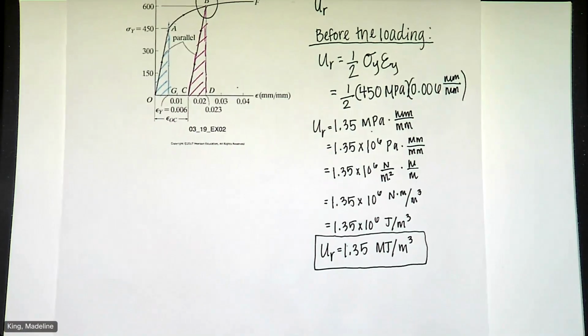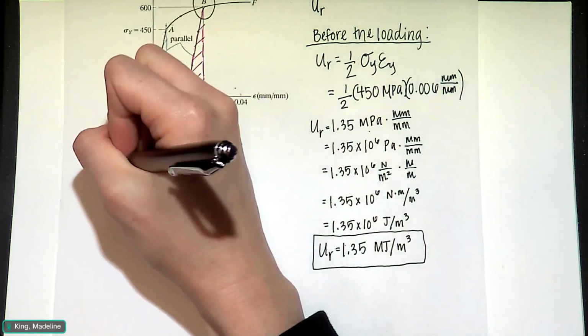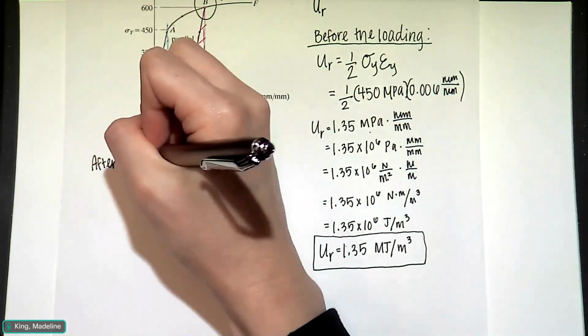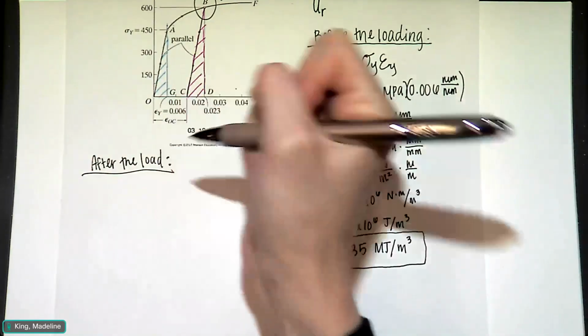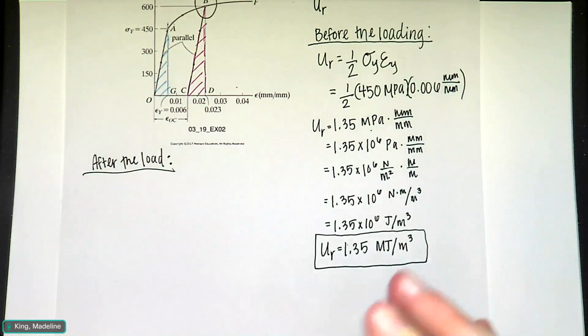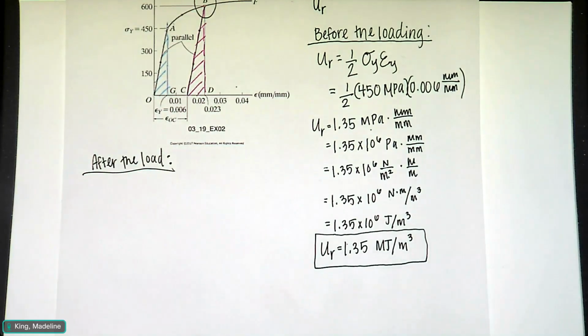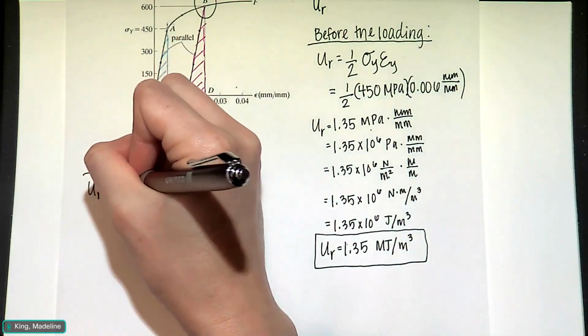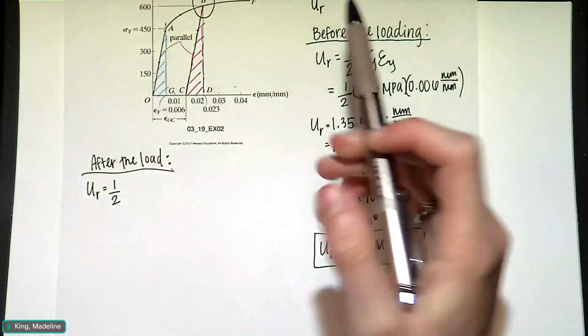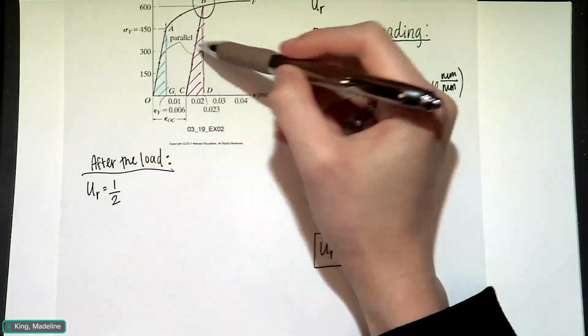All right. So now we're going to focus on after the load. And like I said earlier, your modulus of resilience is the area under a curve. Our area under this is a triangle. So UR is equal to 1/2 times the height.